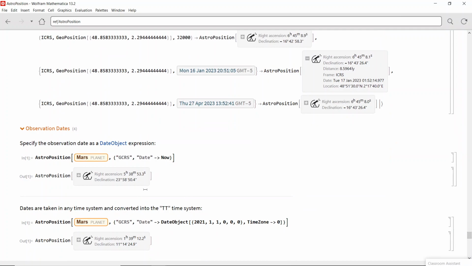Observation dates. Specify the observation date as a date object expression.